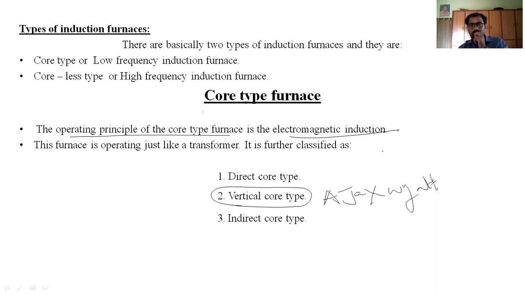That is direct core type, vertical core type, and indirect core type. Okay.